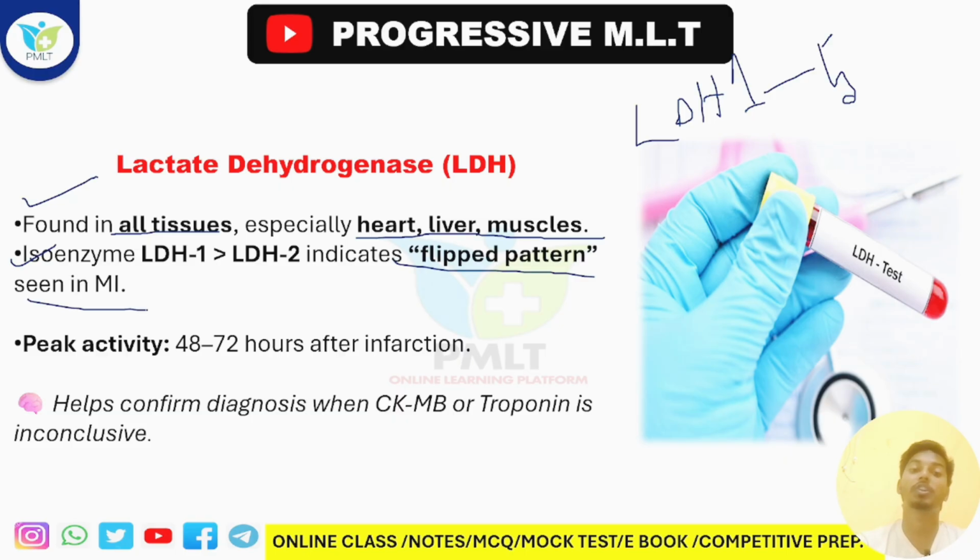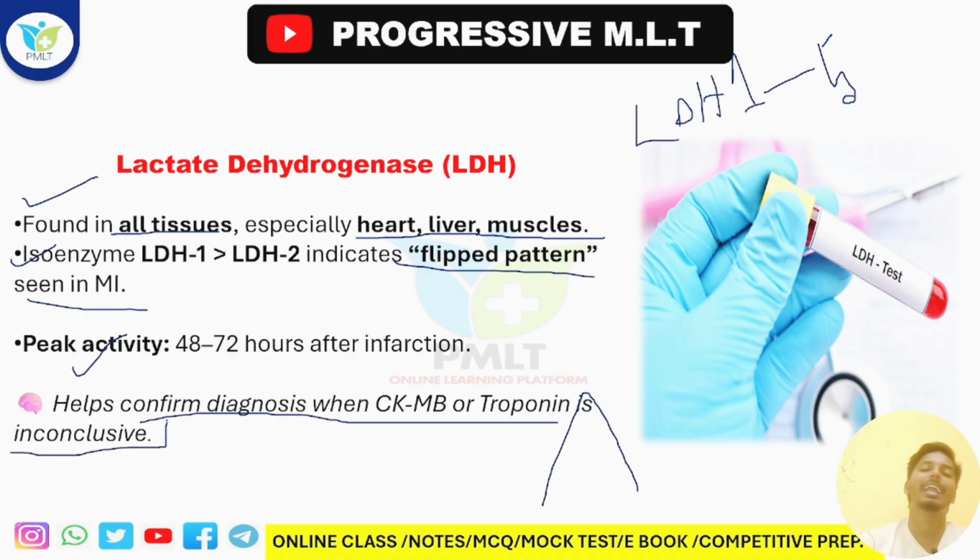Peak activity is 48 to 72 hours after infarction. Within 48 to 72 hours it is elevated and the level reaches its peak. It helps to diagnose myocardial infarction, and troponins are inclusive. Lactate dehydrogenase also helps to identify, diagnose, or measure myocardial infarction. That's all related to lactate dehydrogenase.